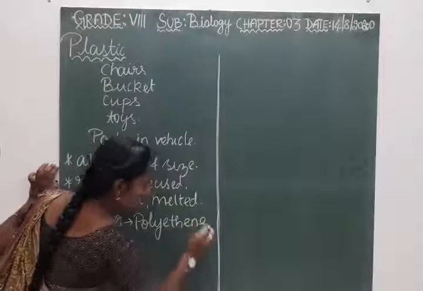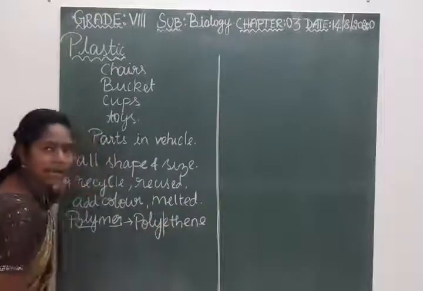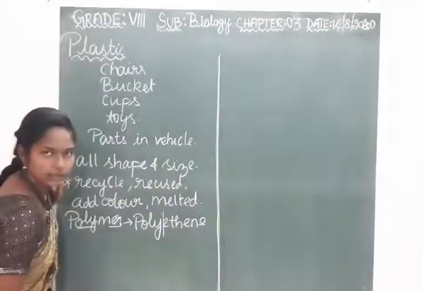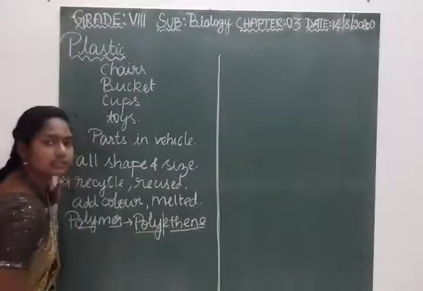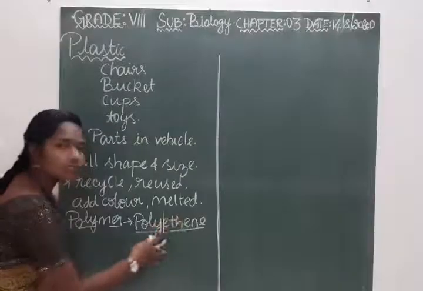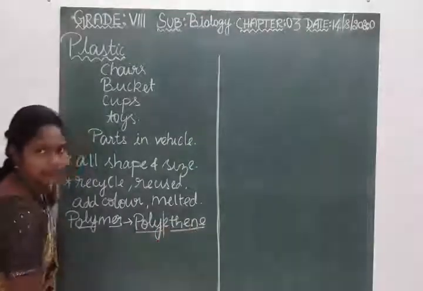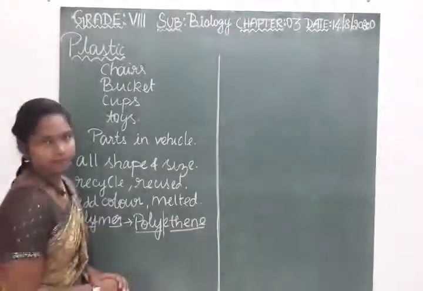Have you heard this term? Yes, polythene bags. Poly means many, and ethene here is the chemical substance. A large number of ethene units combine to form polythene. This is a polymer, an example of plastics.